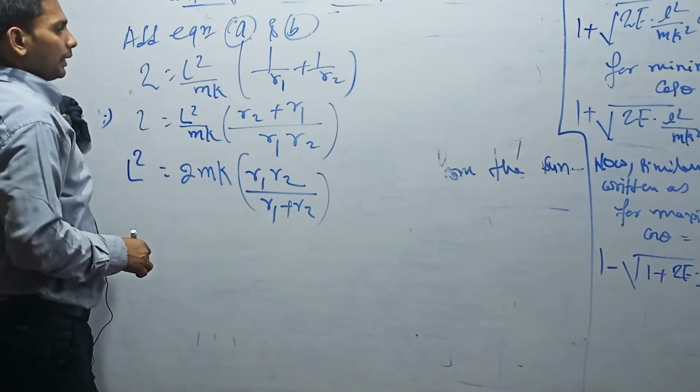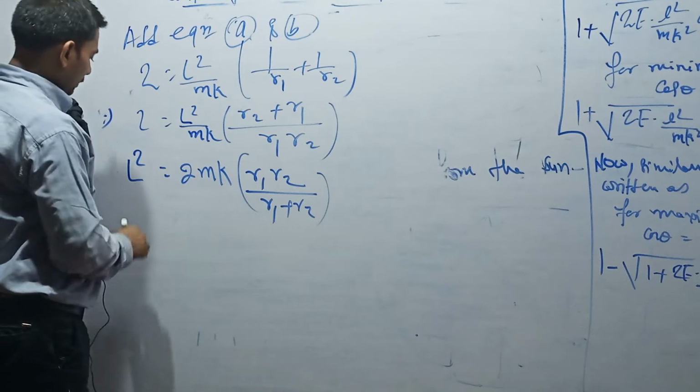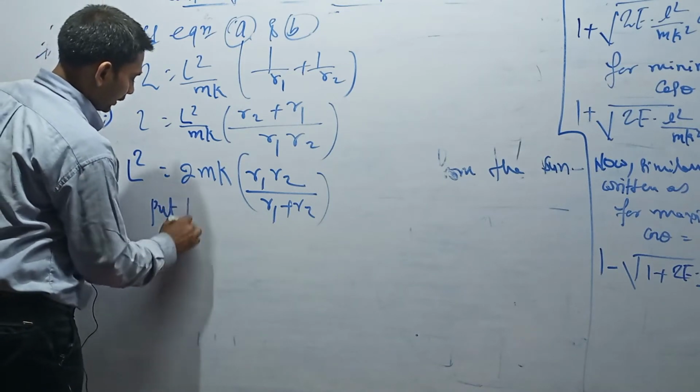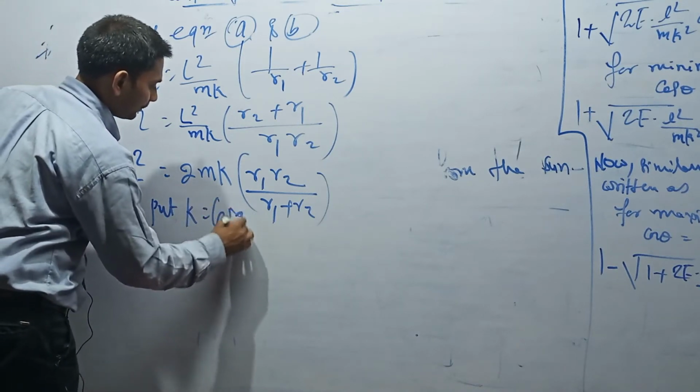Here put the value of k. Put k equals capital G M m.